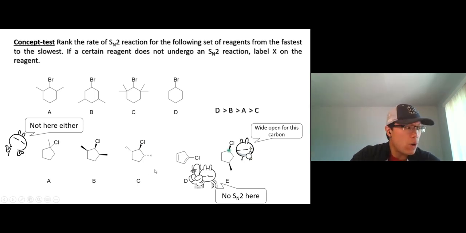Who's faster? Well, think about this: SN2 is a backside attack. The nucleophile has to approach this chlorine from the opposite direction. Both chlorines point up towards you, so the nucleophile has to come from behind the molecule. If a hydroxide ion comes from behind, do any of these methyl groups affect that nucleophile? Yes, actually.